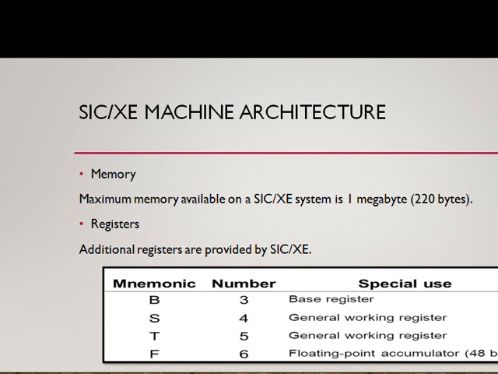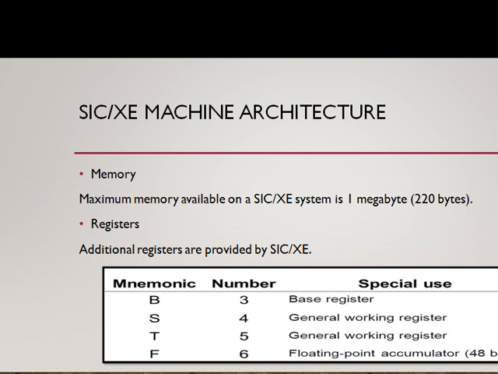So here the maximum memory available is 1 megabyte, whereas the total memory of the SIC machine is 2 power 15 bytes.